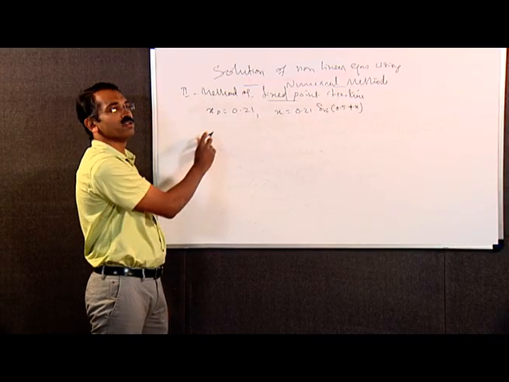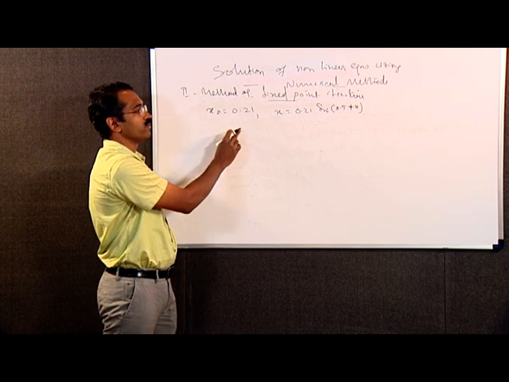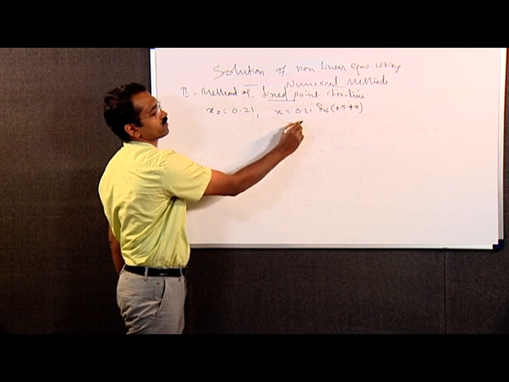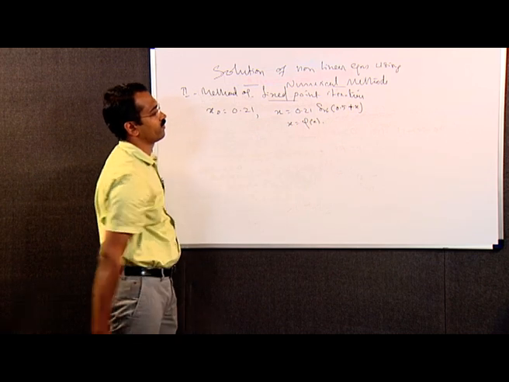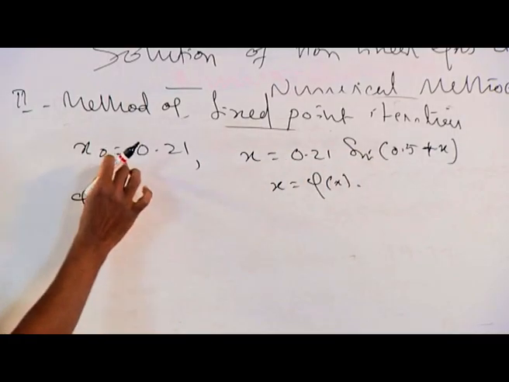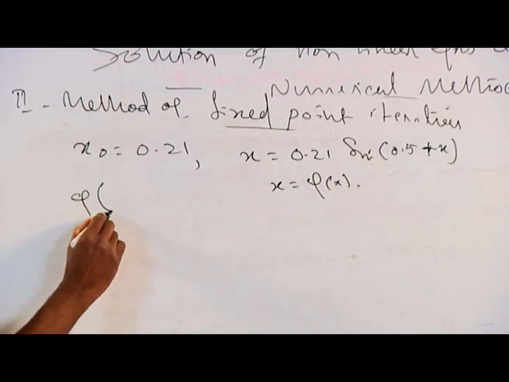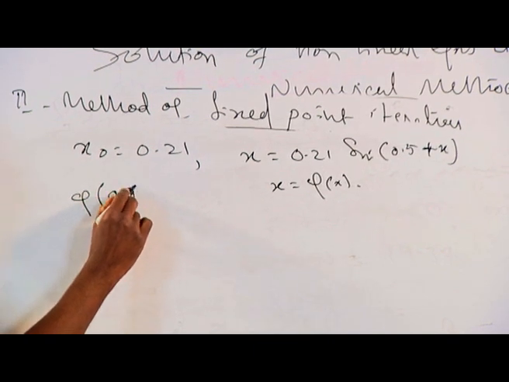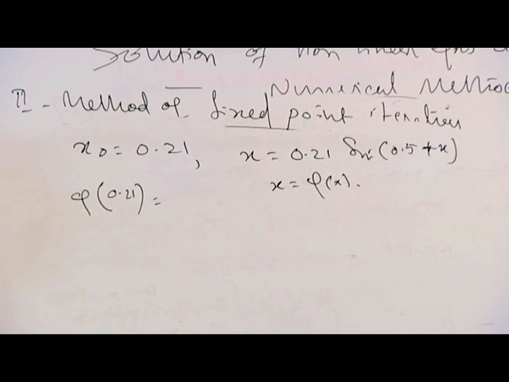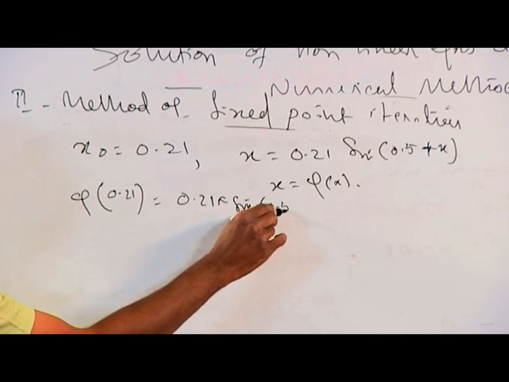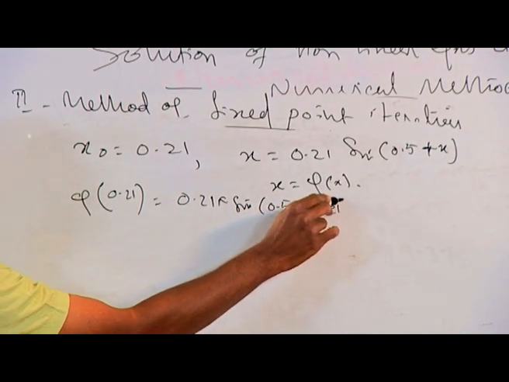Here x naught is given, x naught equal to 0.21. The equation is of the form x equal to phi of x. We put in the right hand side x naught equal to 0.21, that is phi of 0.21 is equal to 0.21 into sin(0.5 plus 0.21).